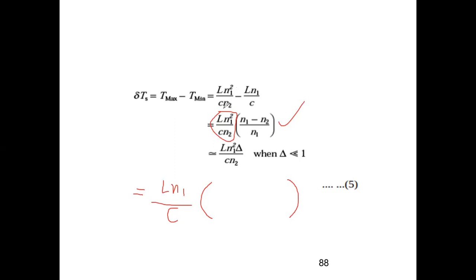I have taken ln1 upon c. In the second term there is no n2. What did you say? n1 upon n2 minus 1. Okay. Who was that? Abhinav. Okay, n1 upon n2 minus 1.